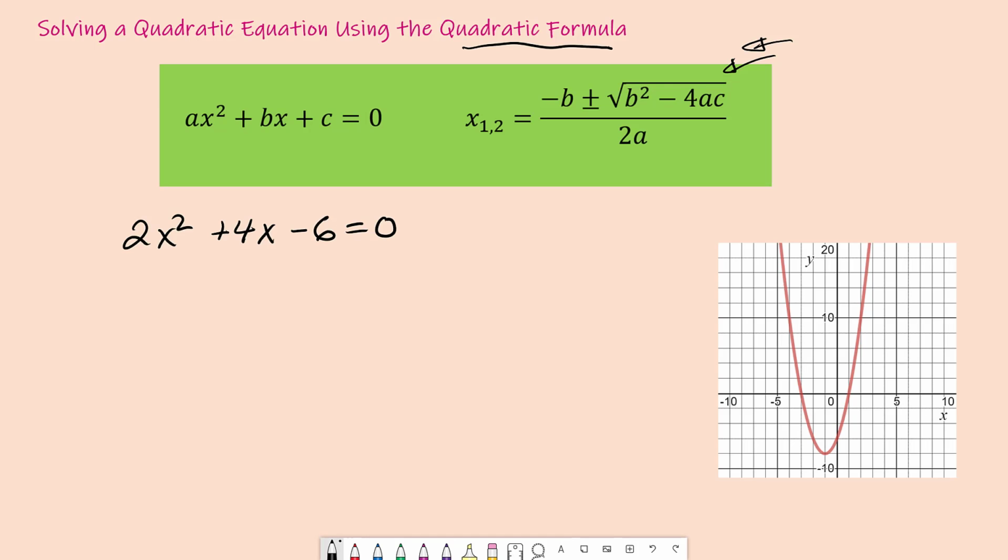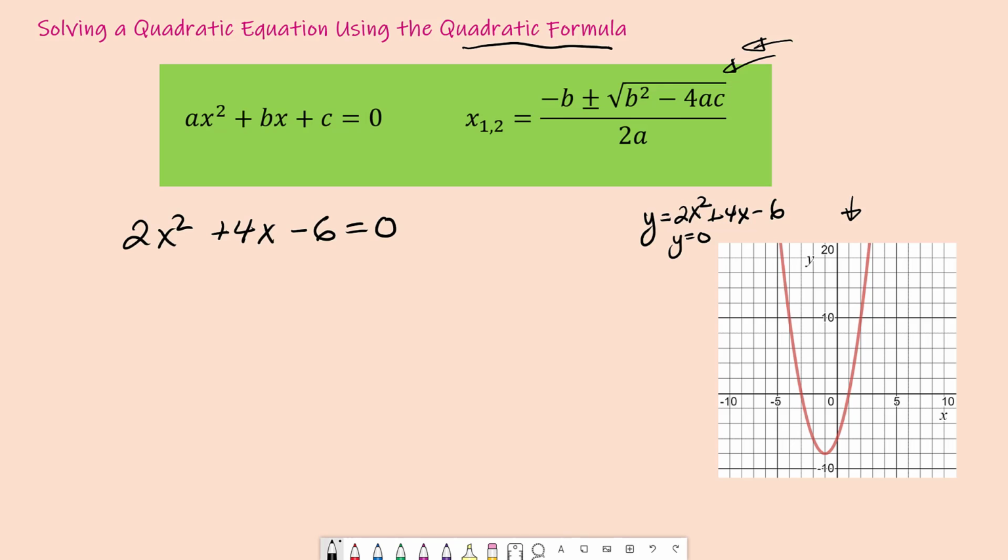And I have a graph of that quadratic function here. So here we have y equals 2x squared plus 4x minus 6. And when we try to solve graphically, we know we're looking for where our graph of the function crosses the x-axis, so where y equals 0.